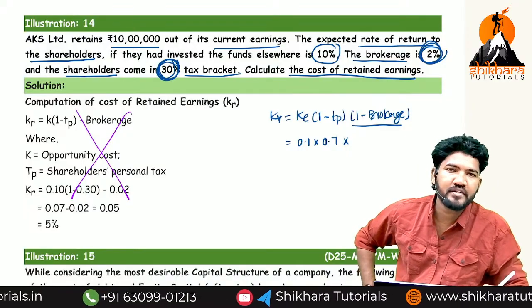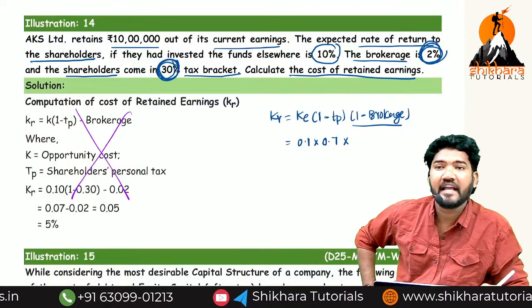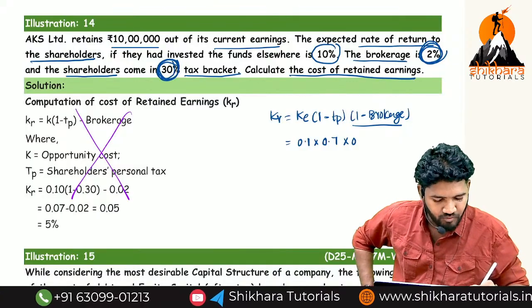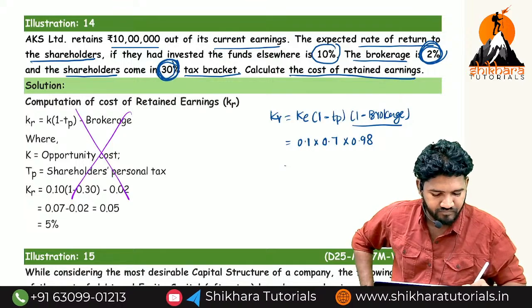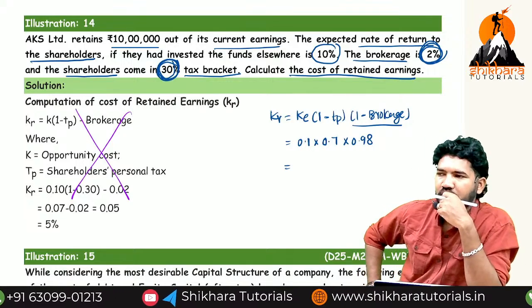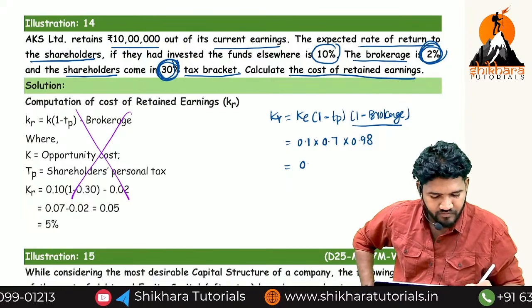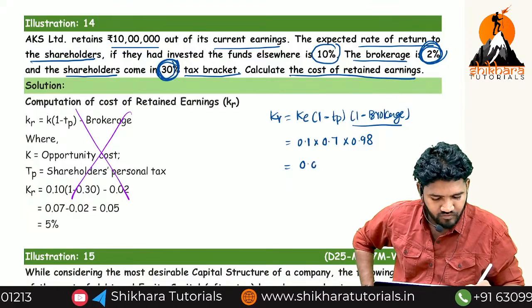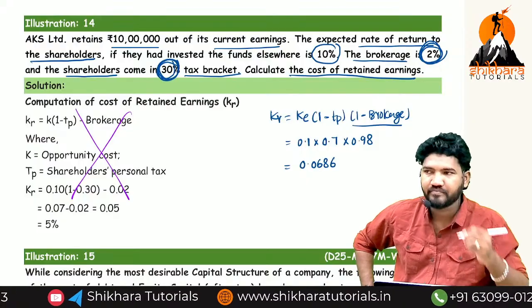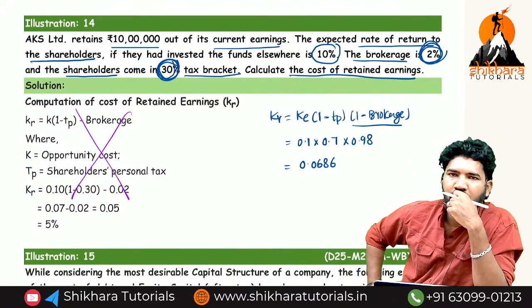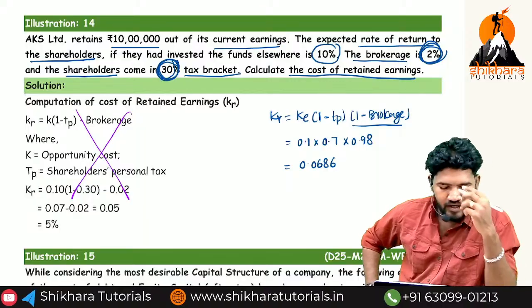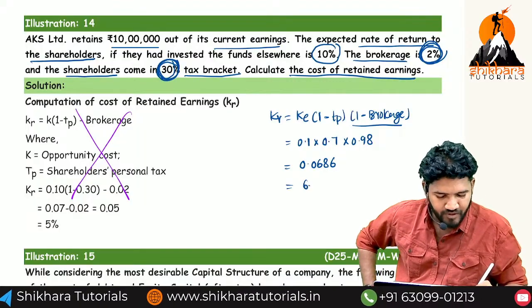If you pay 2%, you will get only 98%, into 0.98. The answer is 0.0686, that is 6.86%.